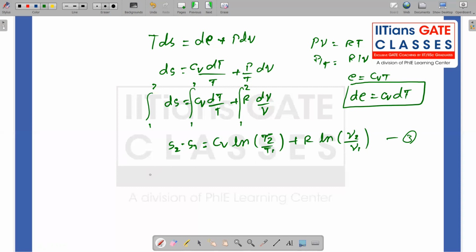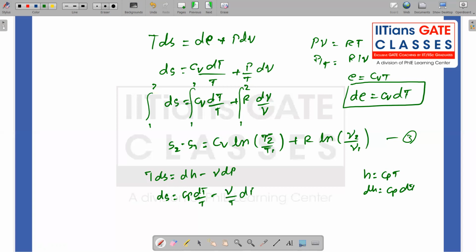Similarly, I have another TdS relation in terms of enthalpy, TdS is equal to dH minus VdP. Here, H is equal to Cp times T, so dH is nothing but Cp times dT. Replacing that and dividing the entire equation by temperature T, that becomes Cp times dT by T minus V by T times dP. What is V by T?